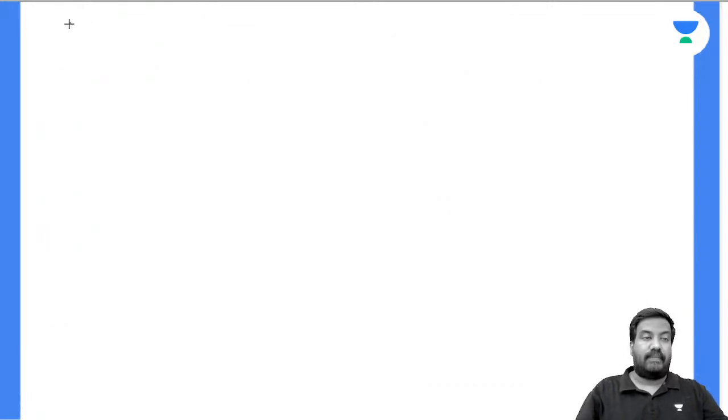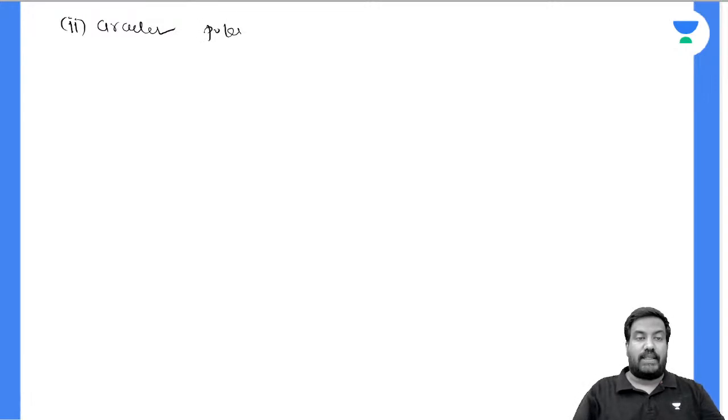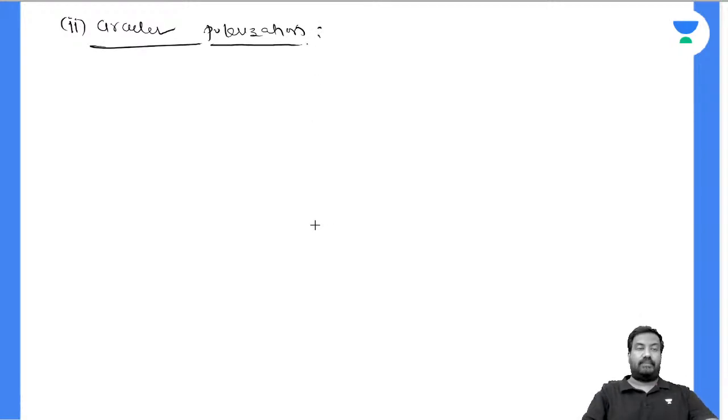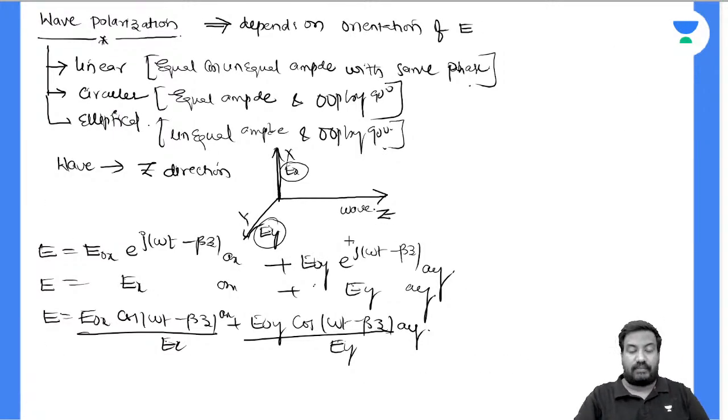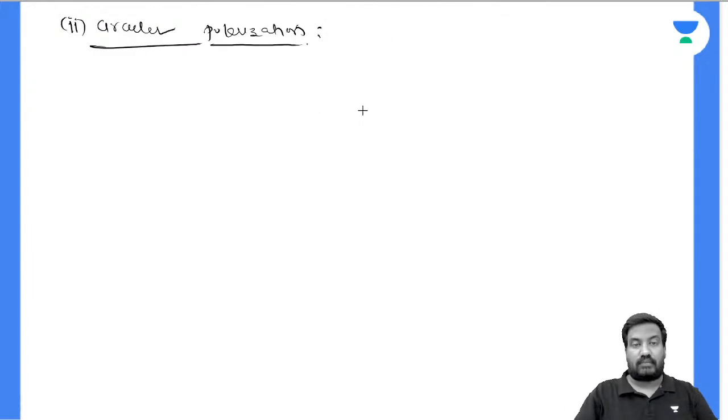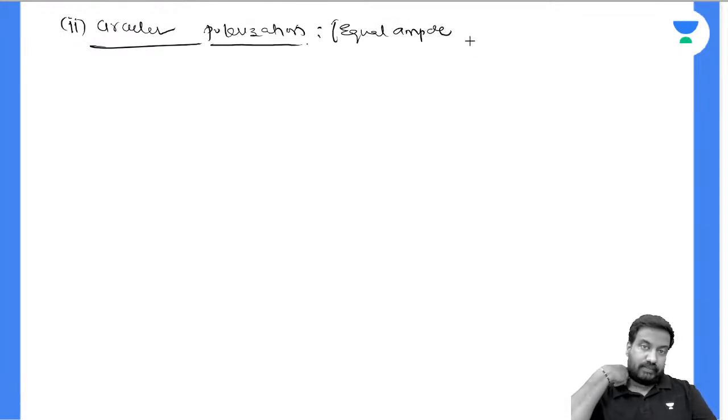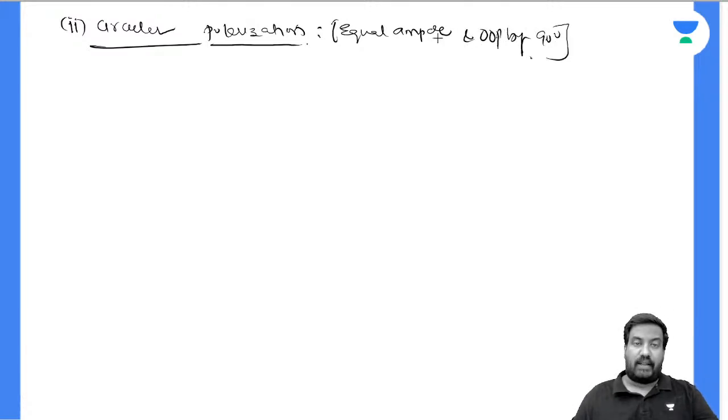Next is circular polarization, which can give circular or near circular polarized waves. Equal amplitude, out of phase by 90.